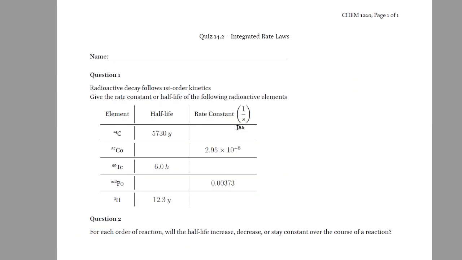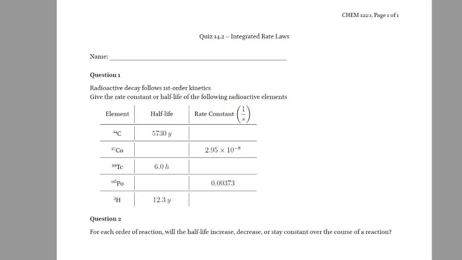So if we come back here to our integrated rate laws quiz, we can see some radioactive elements with half-lives ranging from thousands of years to just a few hours. And let's solve this first one. So carbon-14 has a half-life of 5,730 years.